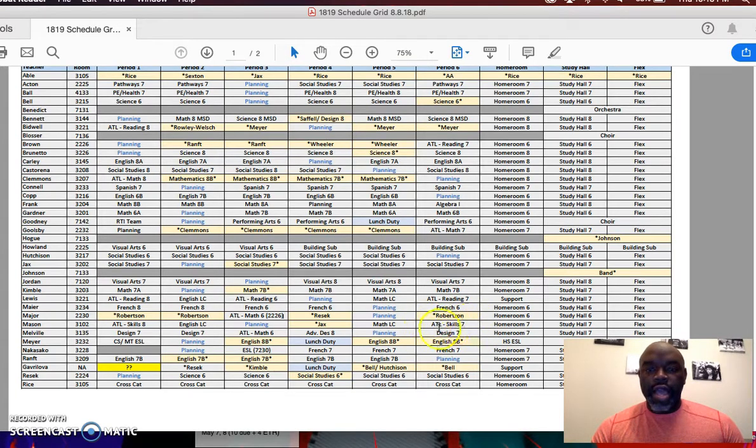Here we see next, I have my ATL skills 7, which is 7th grade, and then I move into homeroom, study hall, and flex. So again, I want to note that we have our schedule, which is built into 55-minute blocks. We have our foreign language. The majority of our math and language arts classes are inclusion.